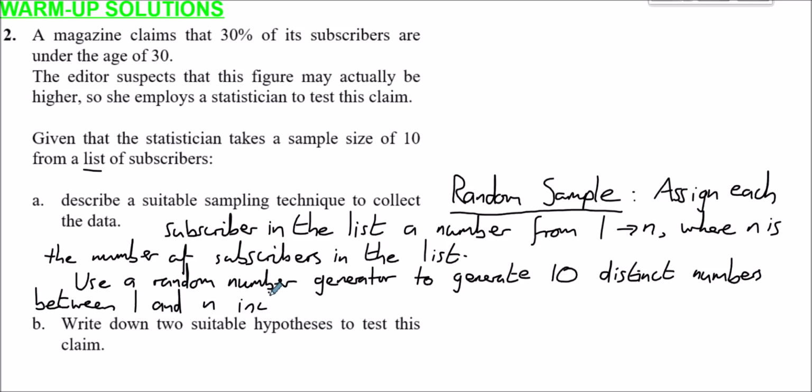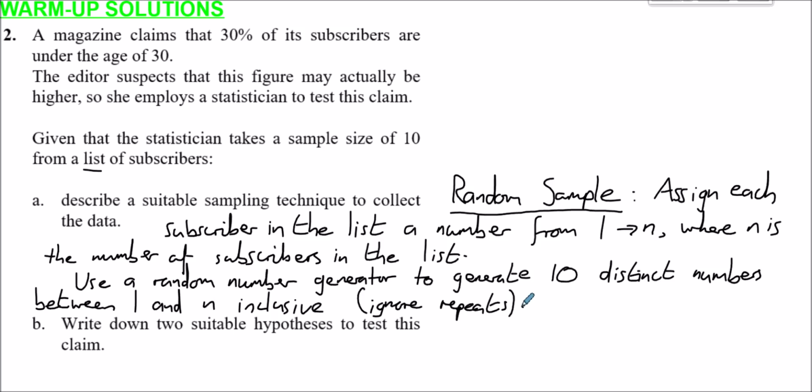And if we get any repeats, they need to be ignored. So the idea of this is we number all these people in the list from 1 to n. Let's say someone is number 273, and if this random number generator generates 273, we pick that numbered person. So we do that 10 times to get 10 randomly picked people.